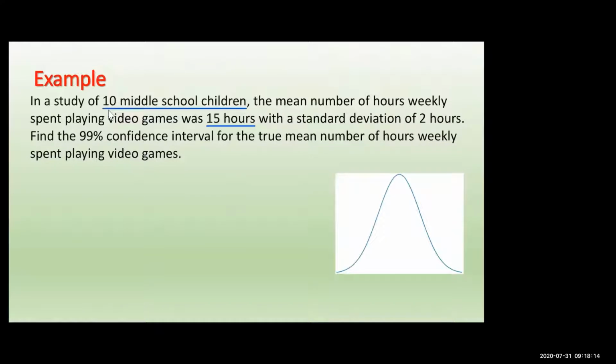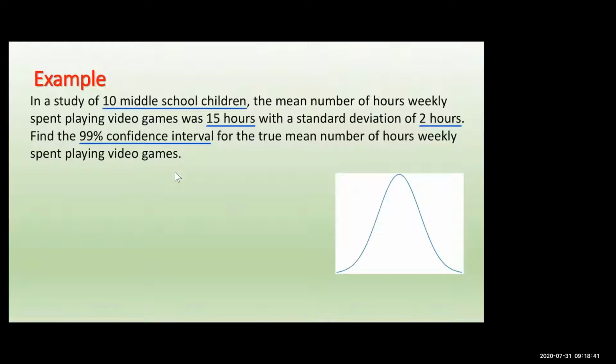This is the amount of time they spent playing video games on average, so that is the sample mean, with a standard deviation of 2 hours. The sample standard deviation is 2 hours. We need to find the 99% confidence interval for the true mean number of hours weekly spent playing video games.